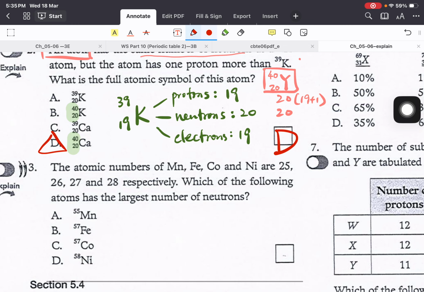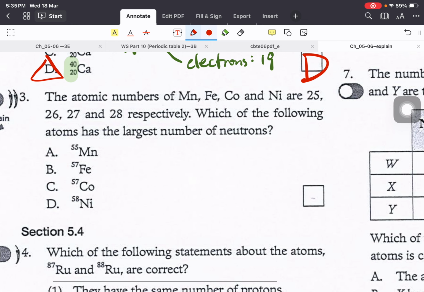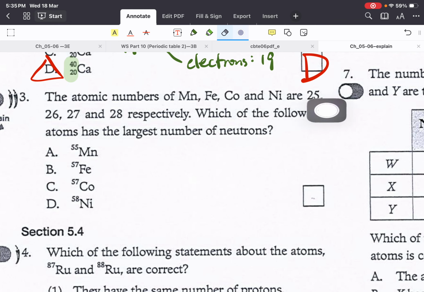Next, the atomic numbers of manganese, iron, cobalt, nickel are 25, 26, 27, and 28. So let's write it down for our notes. Mn, it says 25 here, and then 26 for this one, 27 for this one, and 28 for this one.